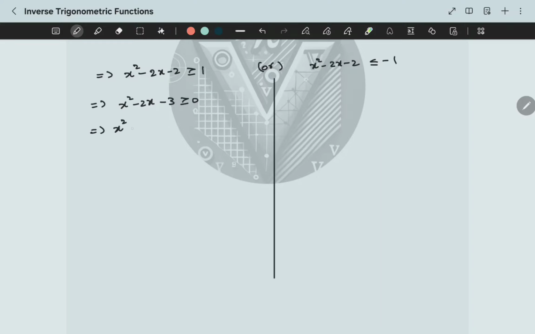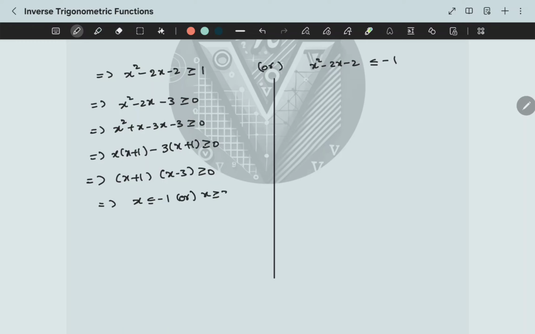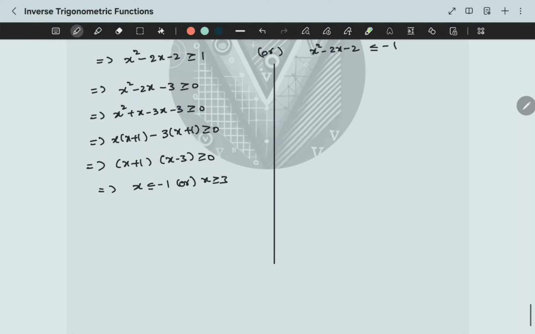So we can write this as x square plus x minus 3x minus 3 is greater than or equal to 0. On simplifying, we get something like this. So here it is telling that x should be less than or equals to minus 1, or x should be greater than or equal to 3, right?